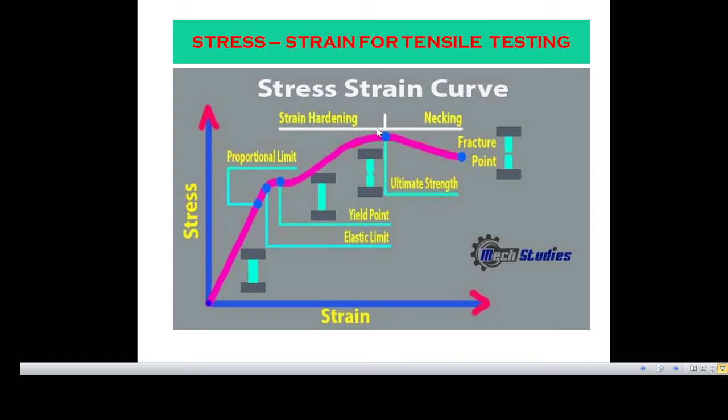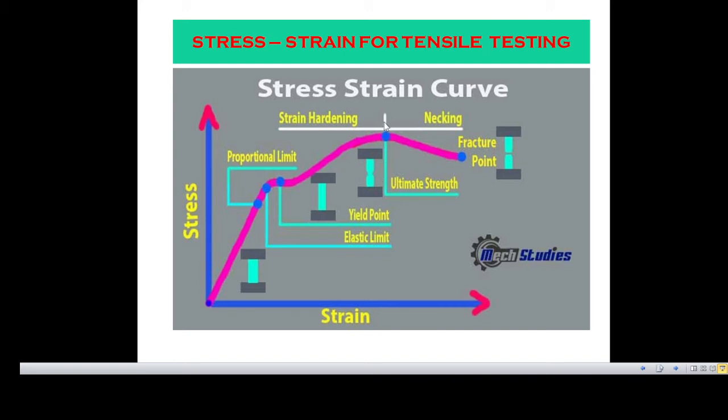Now graphically at the ultimate point the stress value will be maximum, and at the ultimate point the neck formation will start. As the neck formation starts, the cross-sectional area at the neck becomes smaller and smaller, and at fracture the cross-sectional area of the neck will be minimum.